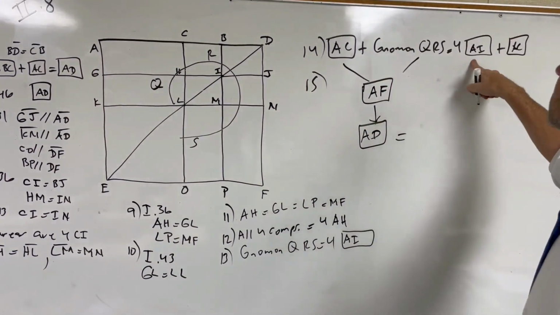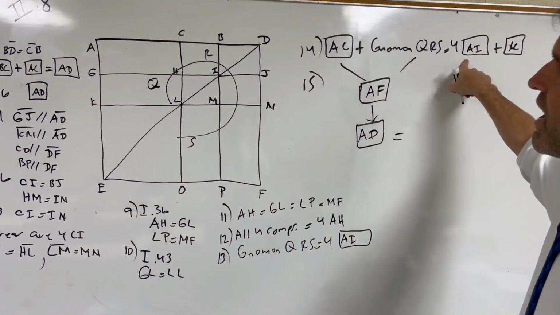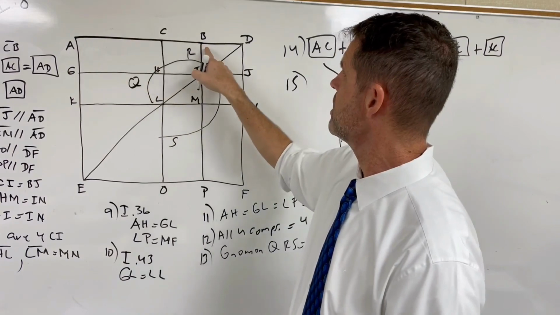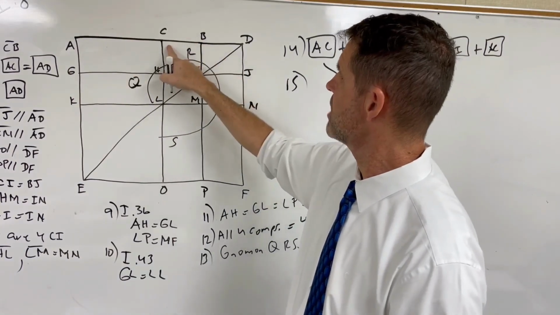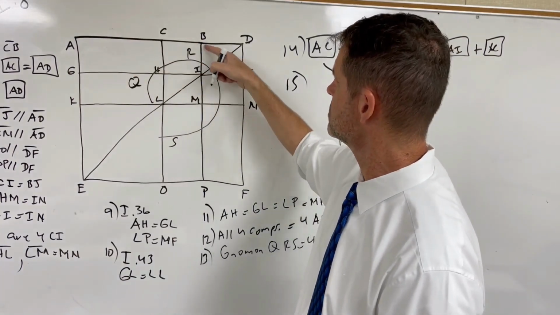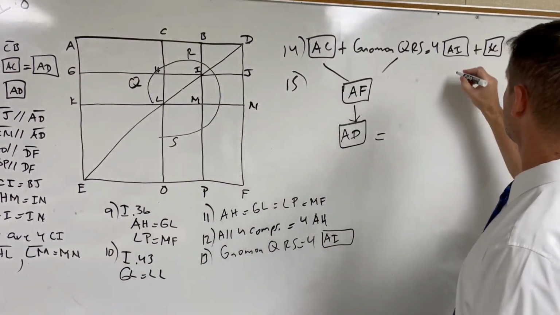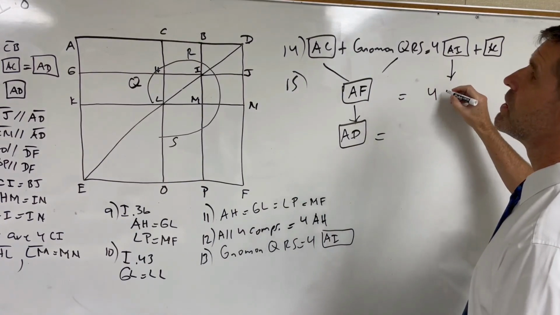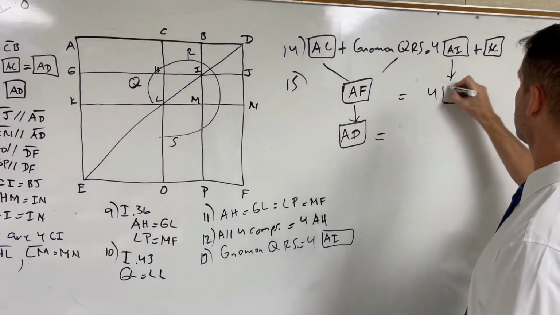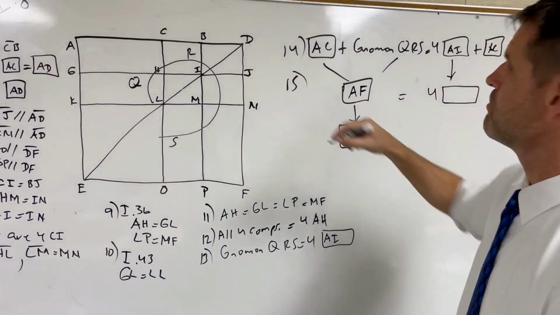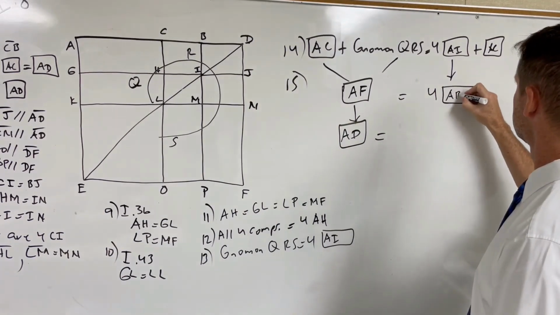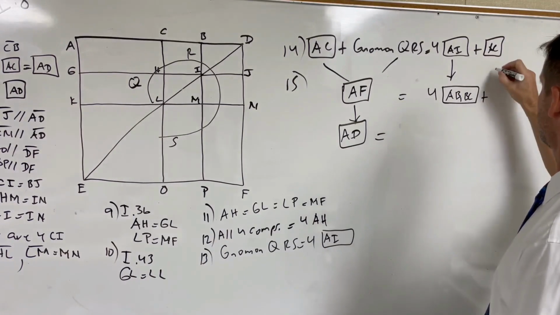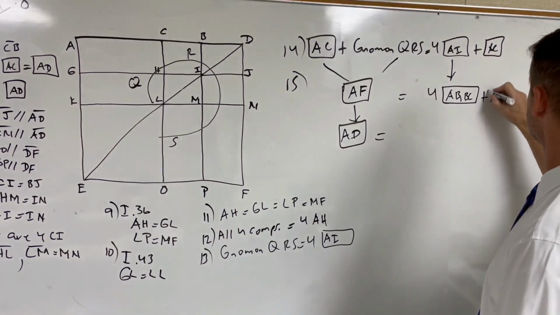And for 4 times the rectangle, we can see that the rectangle AI is nothing more than the segment AB, the whole original, plus the segment CB, because CB is equal to BI. So we can rewrite 4AI as 4 times the rectangle AB, BC. And then we bring down our AC squared here.